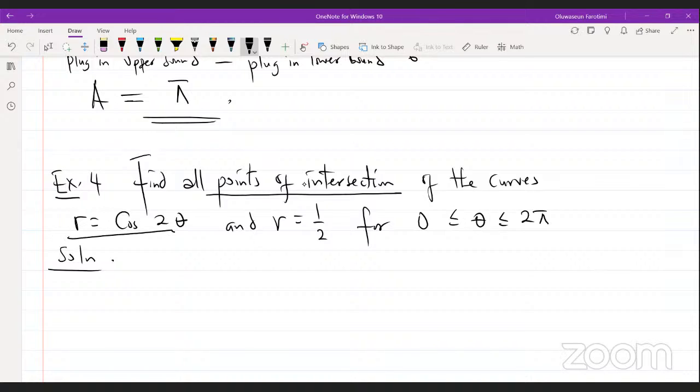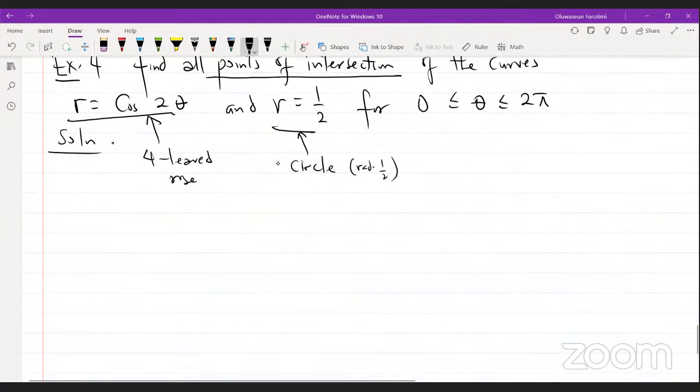This is a 4-leaved rose, right? But what shape does this describe? It describes a circle with radius 1/2, okay? So I go from the area of sketch first.